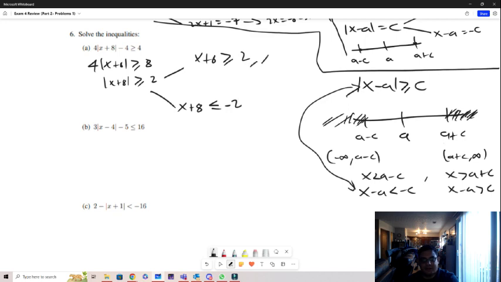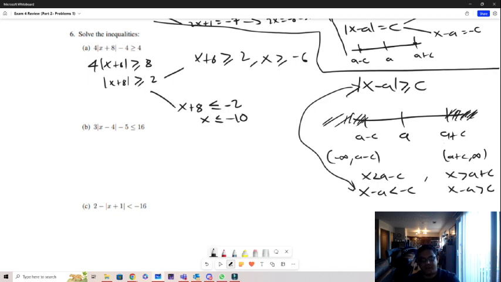So notice that this here is x bigger than 2 minus 8, so minus 6. And here x is going to be less than minus 10.